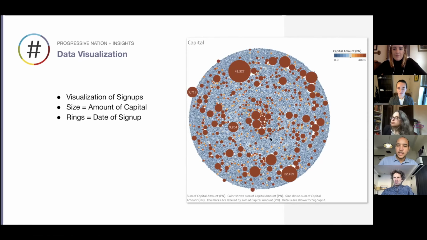The size of the dots gets bigger the more capital that signup has. And so you can see here that the engagement in this nation is fairly spread out amongst early signups and the more recent signups. And then there's a ton of disengaged signups in between.